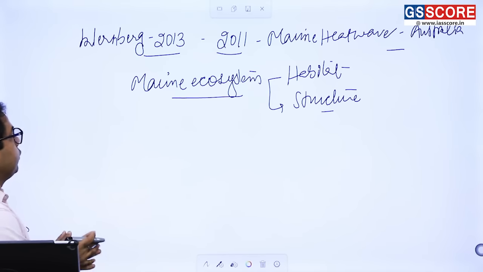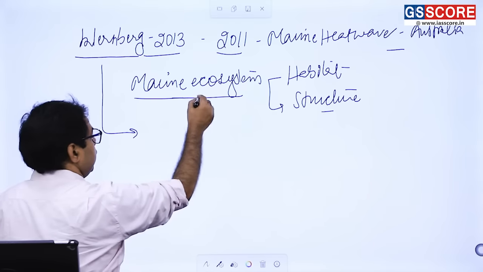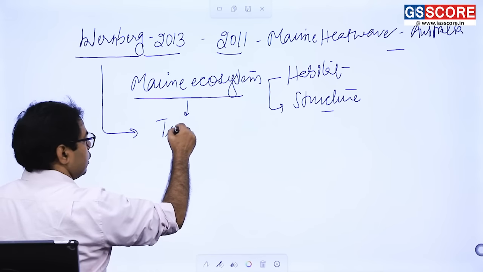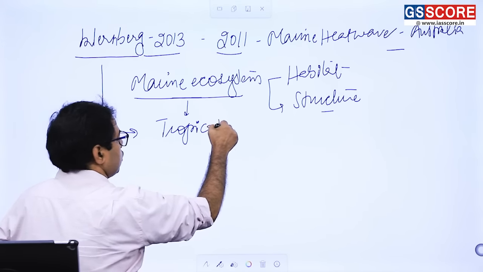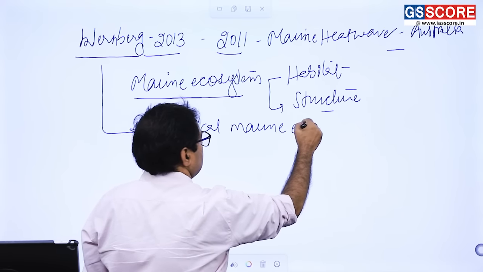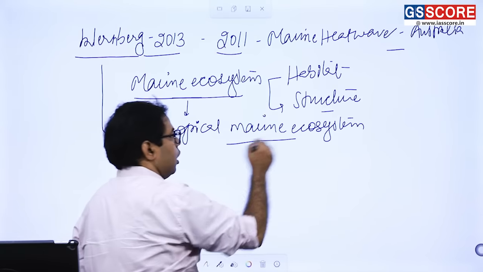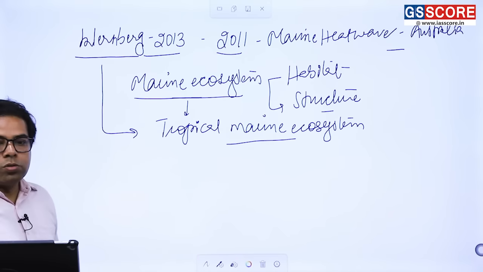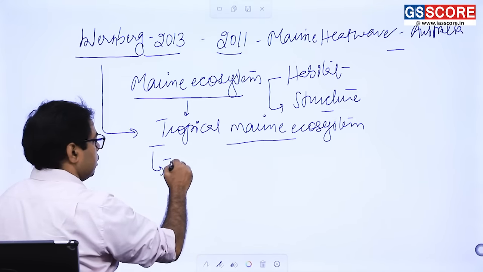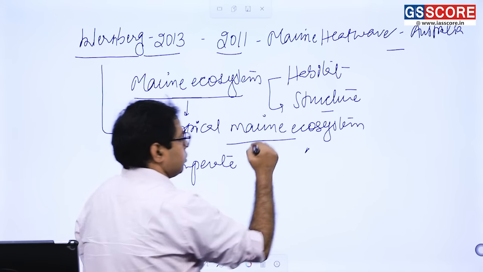They observed in the year 2013 that the marine ecosystem on the coast of Australia appeared like a tropical marine ecosystem. But earlier, the coast of Australia appeared like a temperate marine ecosystem.